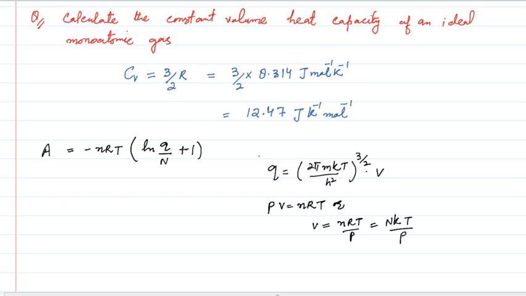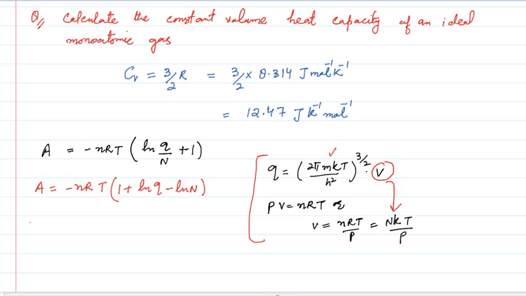So we will take these pointers into consideration, and first we will simply expand this. It will be minus nRT, ln of Q by N. So first we will write this 1 plus it will be ln of Q minus ln of N. Okay, so in place of Q we will introduce the value of this partition function, and in place of V we will introduce this value.